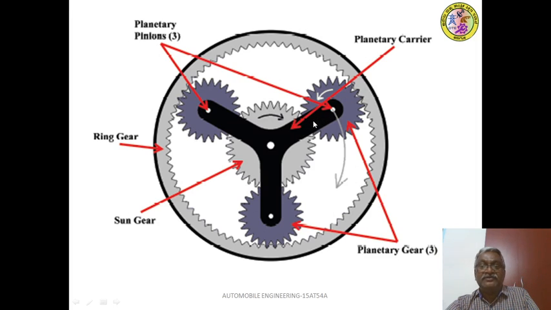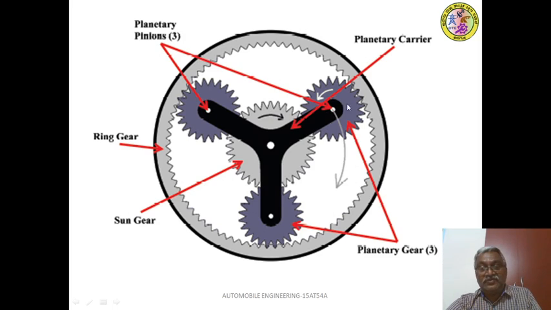So instead of twice the radius of pinion, once again I will explain. This is Rs, the radius of sun wheel, and this one is the radius of ring gear Rr. So Rr minus Rs is equal to 2Rp.